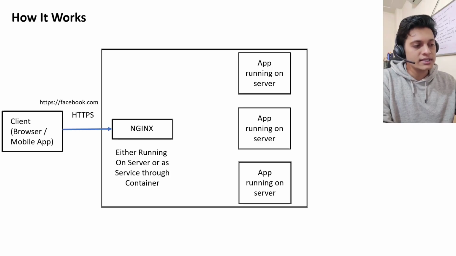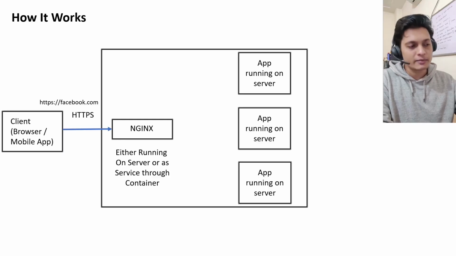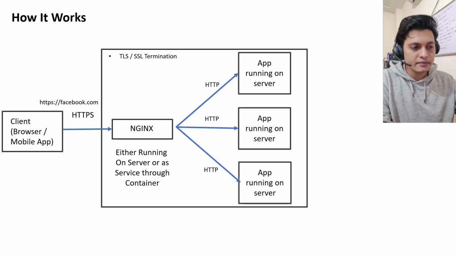And now, what will this client do? Client is nothing but your browser or mobile app. A user will go and use the client. It might be a browser like Chrome or Firefox or anything, or it can be a mobile application. So this application will send the HTTPS request to your Nginx.